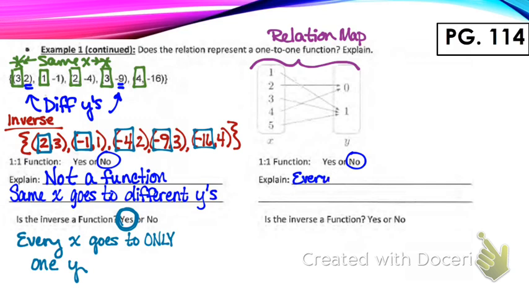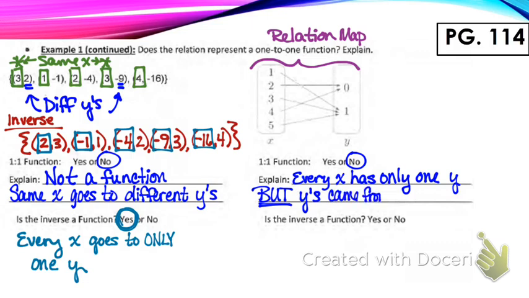So every x has only one y, but the y's came from more than one x.